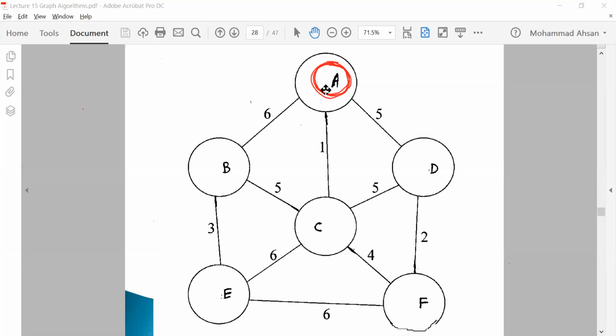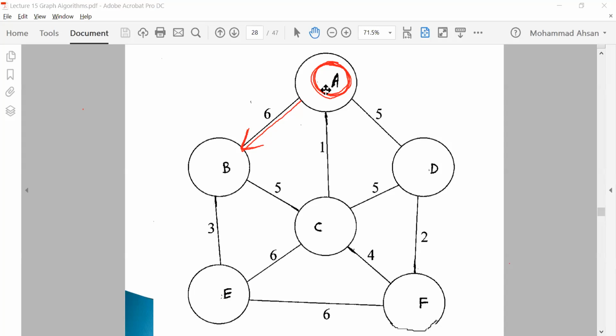You start at A and you check its adjacent vertices. Okay, this is not a directed acyclic graph. So let's first do it on this and then we'll do it on something else.